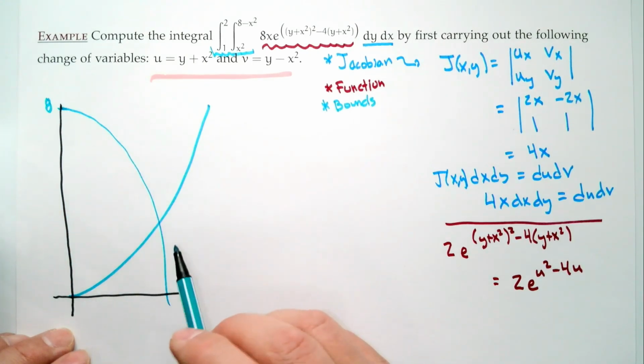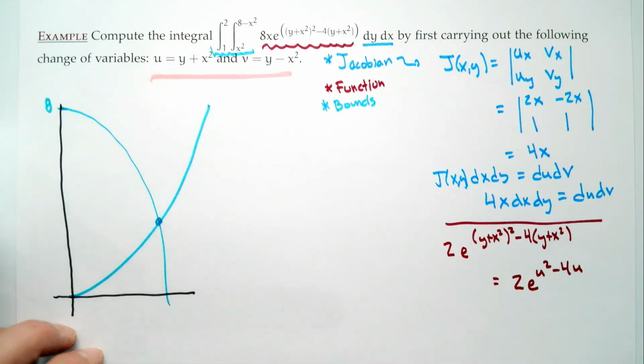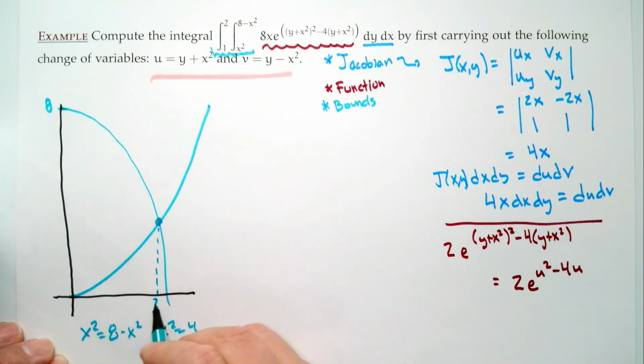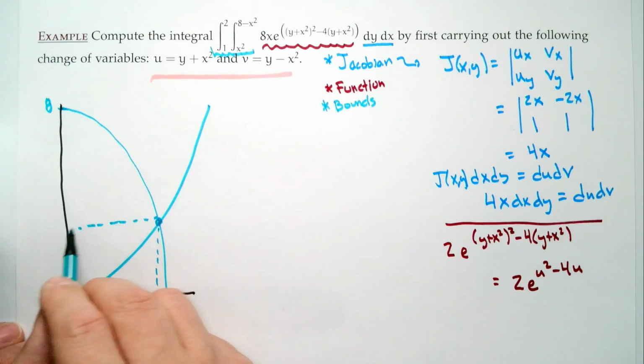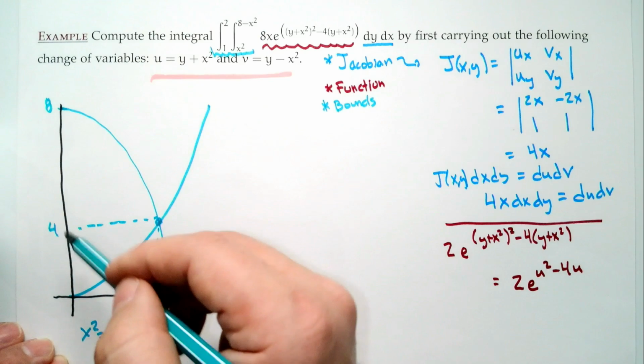My picture here is very bad because where would they intersect? Well, they'd intersect where x squared equals 8 minus x squared. If you do this computation really quickly, you'll see that means x squared equals 4, which means x equals 2, and so our intersection is at y equals 4. If you look at my picture here, that's not quite halfway.